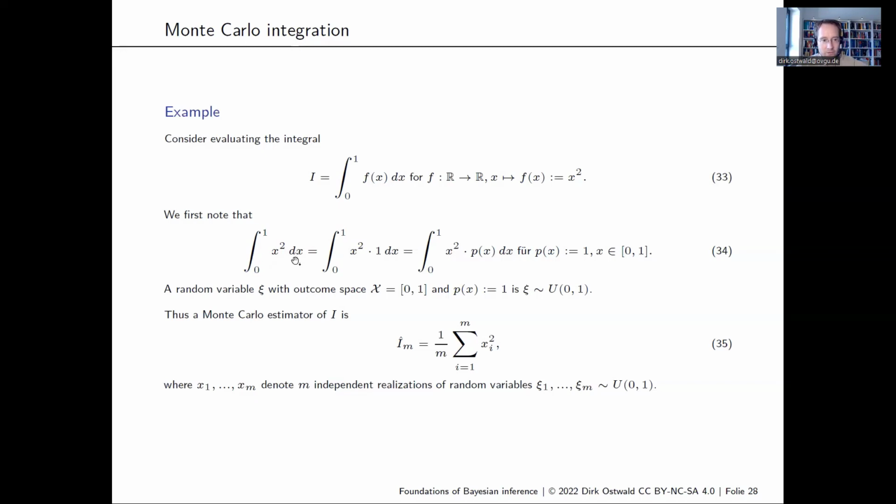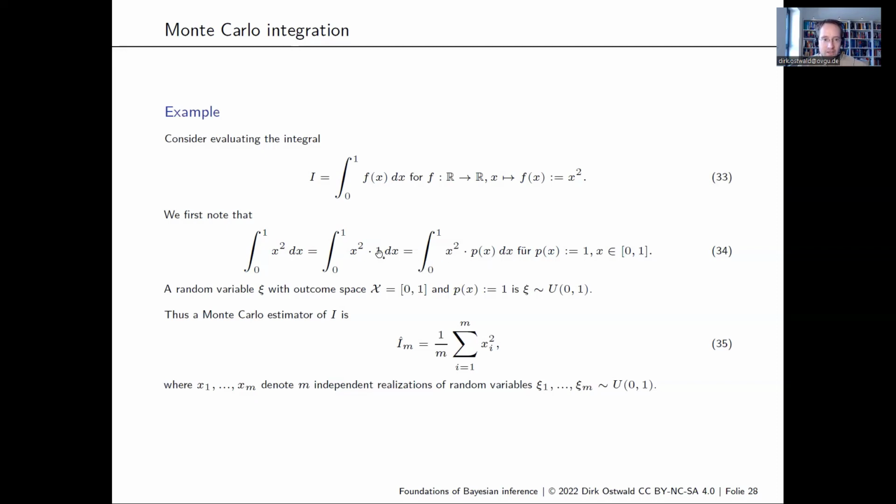We first have to realize that this integral can be conceived as an expectation, namely the expectation of this function of x, namely x squared, of some distribution. The question is which distribution?